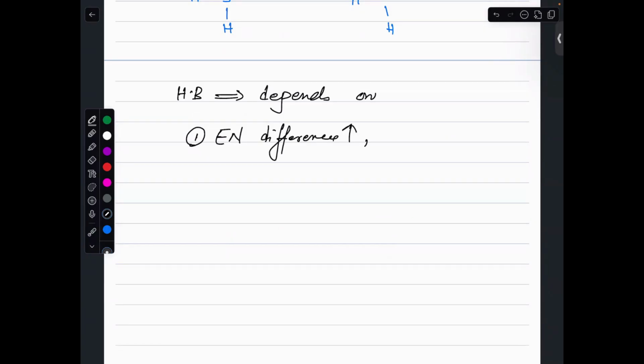If the electronegativity difference is more, the dipoles are large. Hydrogen bond depends on the electronegativity difference. Even if I compare HF with H2O, if the electronegativity difference is large, the attraction is stronger; if it is small, it is weaker.